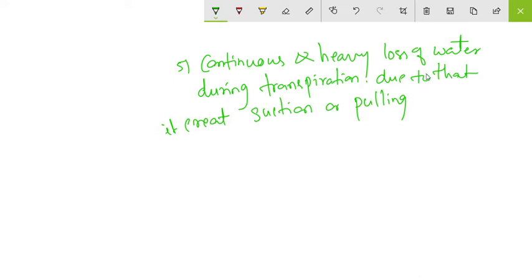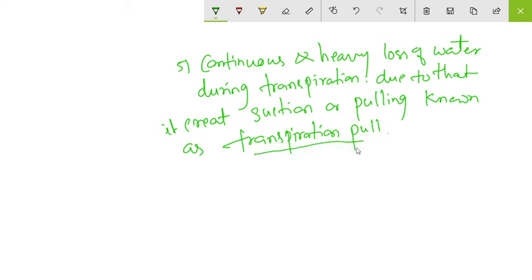That suction force or pulling force is known as the transpiration pull. The value of this transpiration pull is also very high.